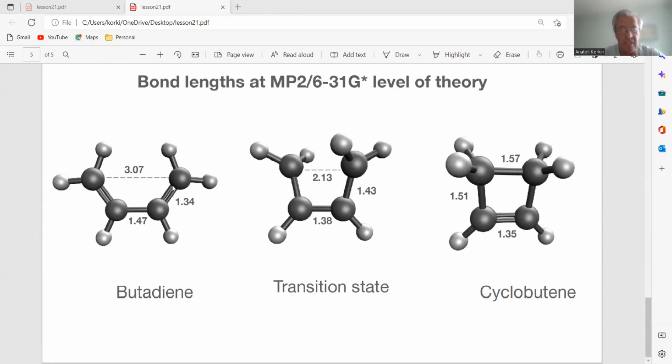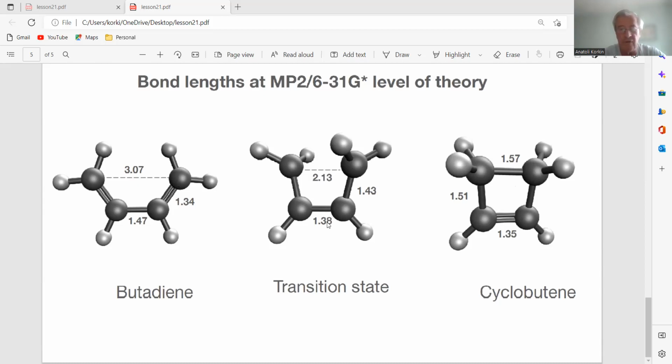In butadiene, the double bond is shorter and the single bond is longer. However, if you compare with the single bond in the cyclobutene structure, it's somewhat shorter. This is the non-bonding distance between these terminal carbons, and this is a bond in the cyclobutene. And in the transition state, it's kind of right in the middle between them.